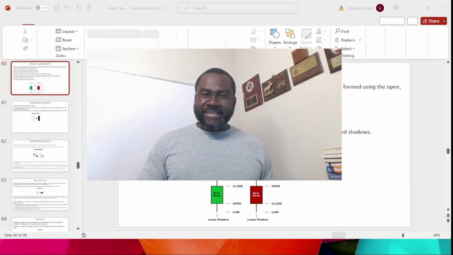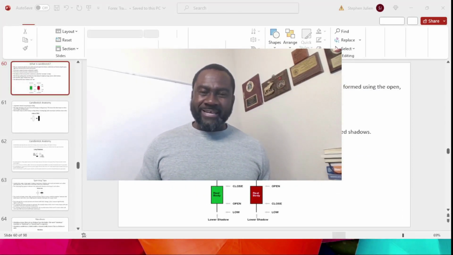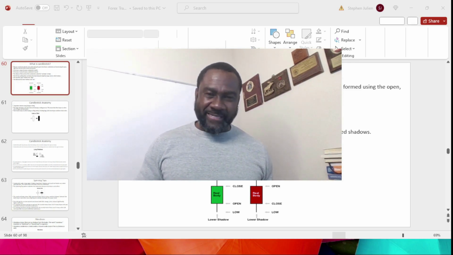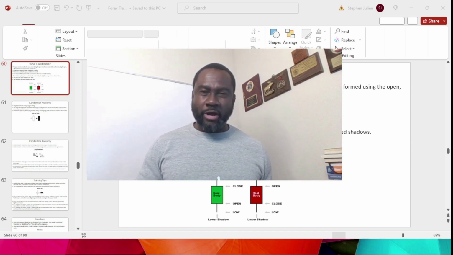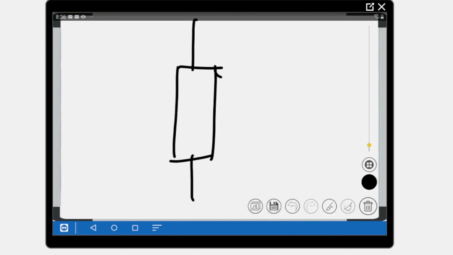Okay, so now we're going to look at the anatomy of a candlestick. We have the physical part of the candlestick, but we also have the psychology, the market movement of the candlestick, what the candlestick is telling you. We know that candlesticks have 5 parts.